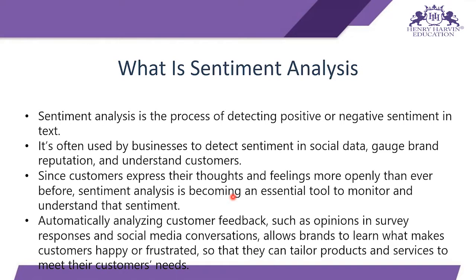Automatically analyzing customer feedback, such as opinions in survey responses and social media conversations, allows brands to learn what makes customers happy or frustrated, so that they can tailor products and services to meet their customers' needs. By focusing on the negative feedback, they can make changes in their products and services, and perform very well in front of their customers.